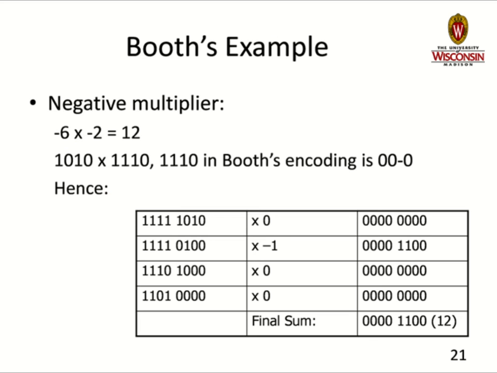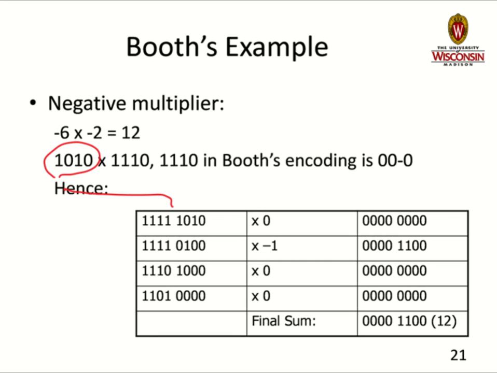Let's look at another example just so we can build up a little bit more confidence than we got from that single example. In this case, we'll have both a negative multiplicand as well as a negative multiplier. So once again, we take the multiplicand, sign extend it, and start with it, and then we take the multiplier and express it in Booth's encoding, following the rules that we introduced a few slides back.